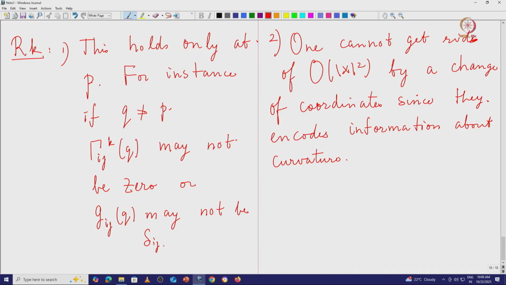So the philosophical point here is that the reason why you are able to make the Christoffel symbols vanish at a point is because the connection is not really a tensor.